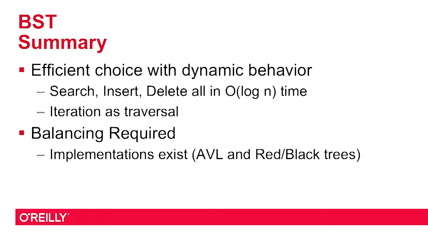And finally, you need balancing to do the work efficiently. And you shouldn't have to do it yourself. You should use actual code libraries for that purpose. So I encourage you to look at the code after this video, because in there I will add the necessary iteration logic that will allow you to quickly look through and print out all the elements of a binary tree, and then that will close the discussion of the binary search tree.